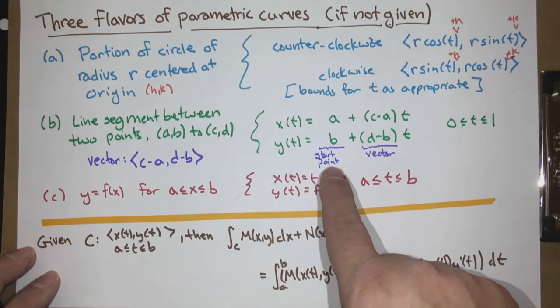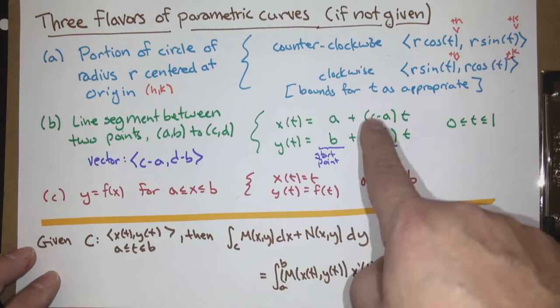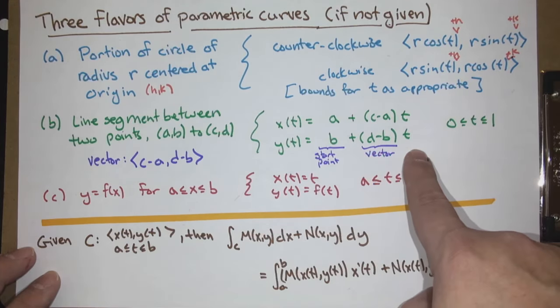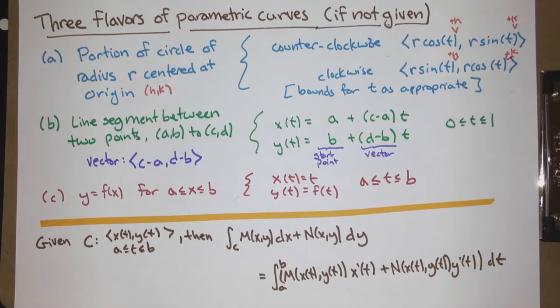Then your parameterization is you put your initial point as your point, plus the pieces of your vector times t, and you let time go from 0 to 1. This works in any dimension. So if you're asked to find the integral along a curve, for anything that's a line segment, we know how to do that.